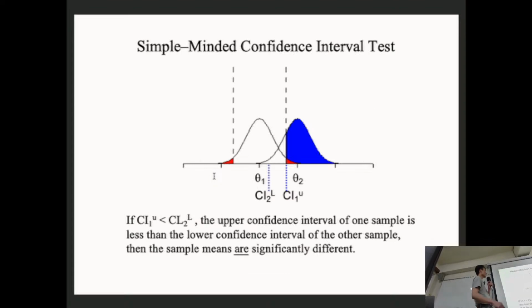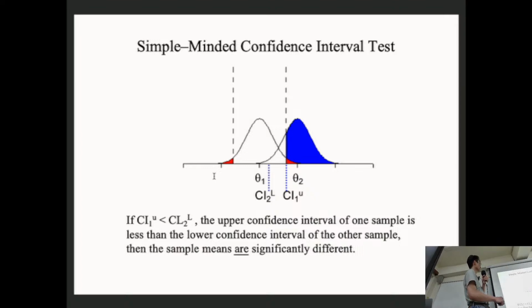Okay, so now if I have two samples, I can decide the upper bound and lower bound of the confidence interval of this sample, and then again this is another sample with its lower bound. The simple-minded confidence interval test is to ask whether the upper bound of the first sample is smaller than the lower bound of the second sample, right?